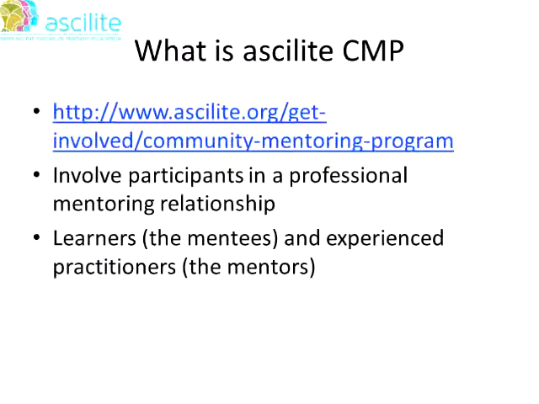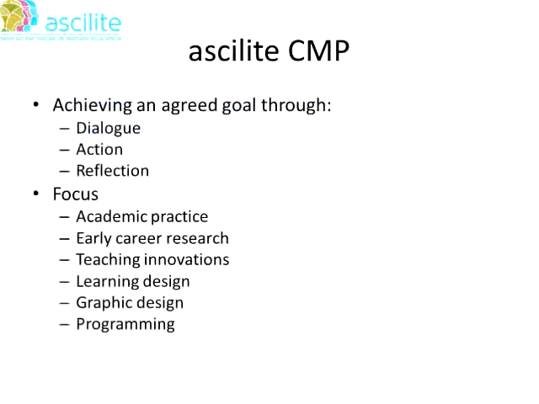So the program can involve professionals in a mentoring relationship and learners, or the mentees and experienced practitioners combined to undertake this program. Now, there are two types of community mentoring program, and I will discuss them shortly.